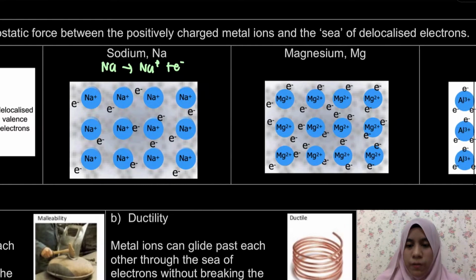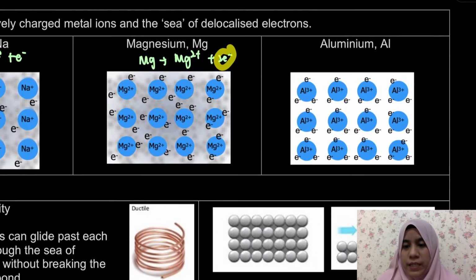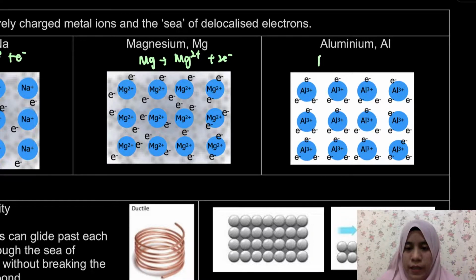Okay, so kalau magnesium, it will become Mg2 plus dengan 2 electron. So when you draw it here, make sure that for each of our magnesium ion kena ada 2 electron, sebab dia dah donate 2 of our electron. So kat sini kalau kita tengok aluminium, for each of the aluminium, it will donate 3 of the electron. So dia akan become Al3 plus 3e.